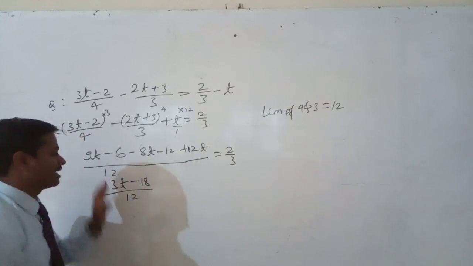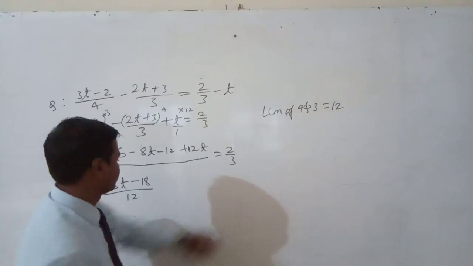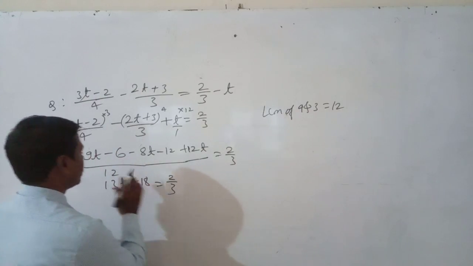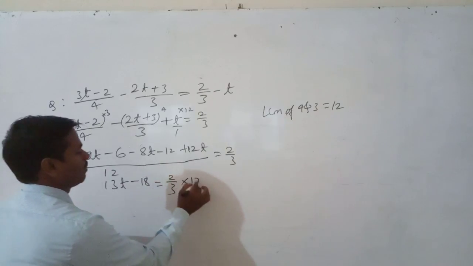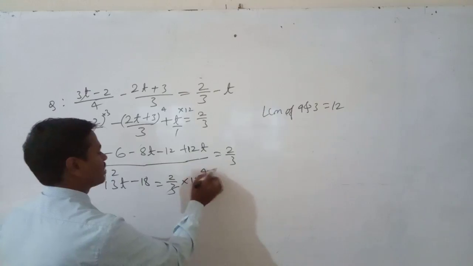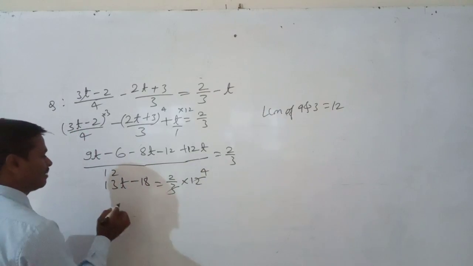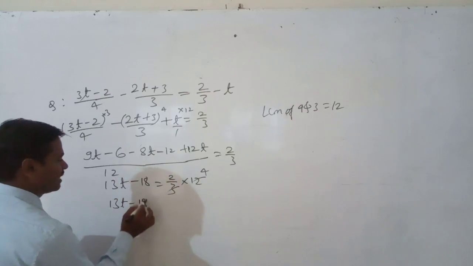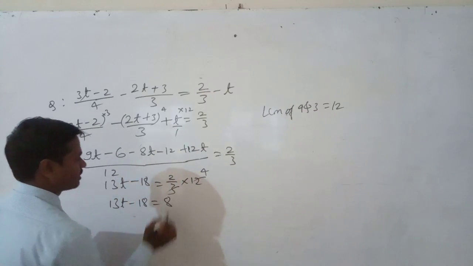This division by 12 will become multiplication that side. Okay, division will become multiplication. 2 by 3 is there, and divided by 12 will become into 12. I am shifting this 12 that side. 3 1s are 3, 3 4s are 12, what is here? 8 is remaining. 13t minus 18 equal to 8.